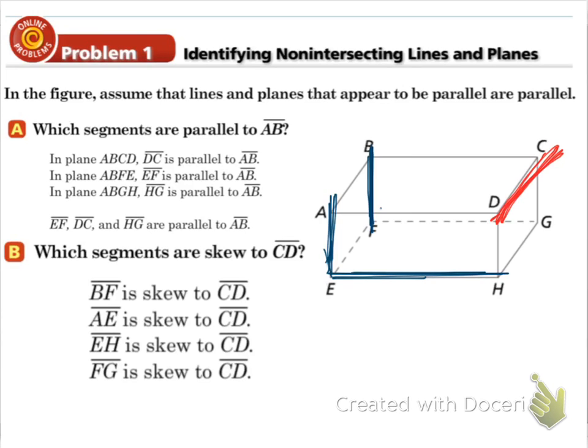And then FG is also skew. So it's right here. So one thing to look at is that if they are not parallel and they do not intersect, those line segments are skew lines by definition.